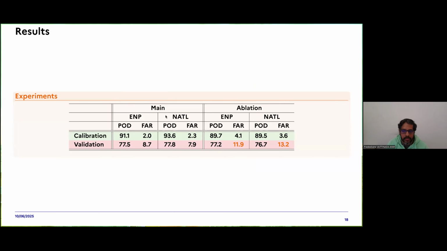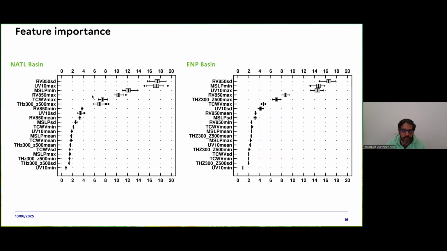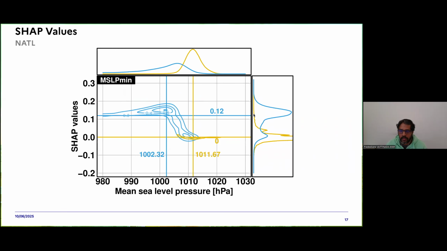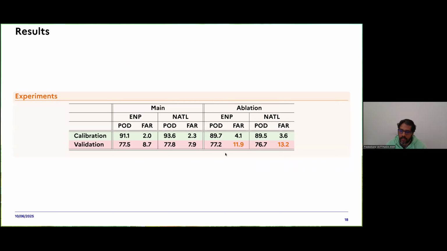Here is the summary of the basic experiment. This is the same table on the left that I showed you before. Then I ran an ablation experiment. Basically, I removed some predictors from the random forest to see if I lose some capability of detecting cyclones. Here I just kept the top 6 predictors from this figure for each basin. You have the same performance in terms of detection: 75, 77, 76, so almost the same as when you keep all the predictors.